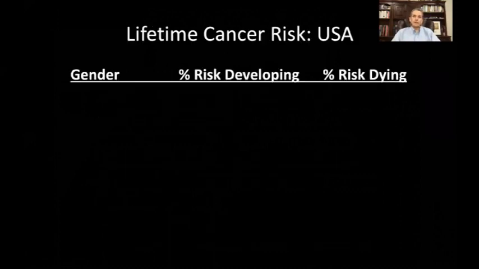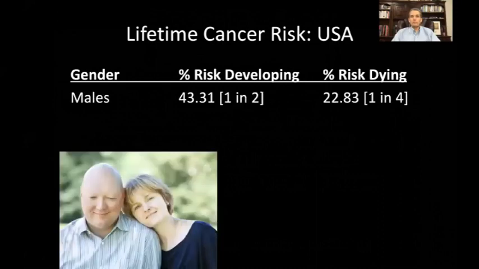In the United States, the risk of developing cancer is associated with the age of the individual. When we look at gender, men have about 1 in 2, 43% risk of developing cancer during their lifetime. Women, around 22.8, or 1 in 4.